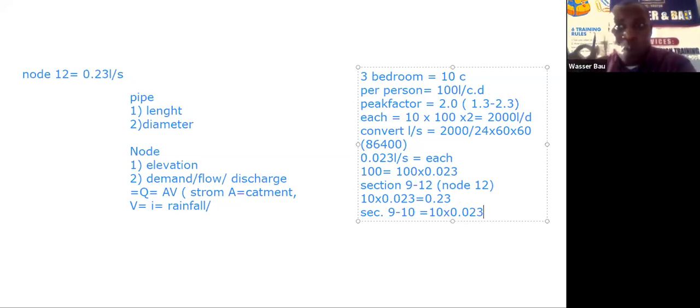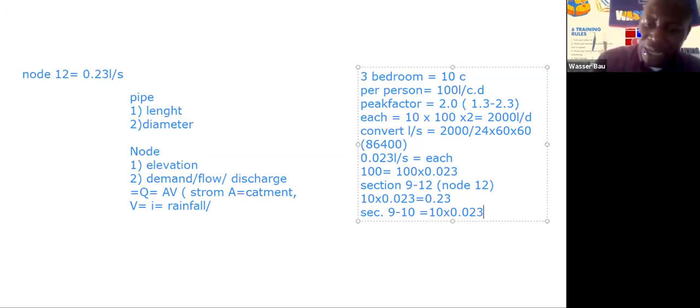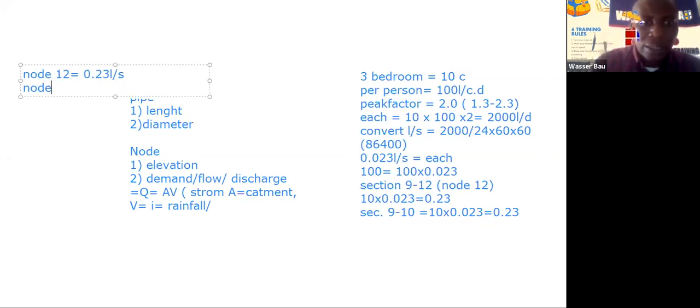So what we just need is the specific discharge going to one house, and we've established since yesterday that value is 0.023. So this gives us another 0.23. So I can come here again and say the value for node 10 is equal to 0.23 liters per second again.